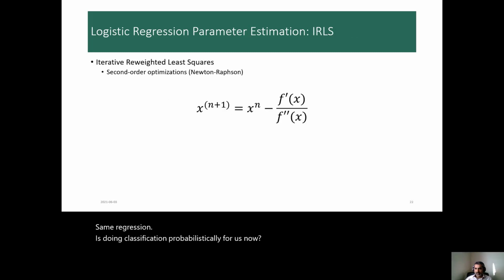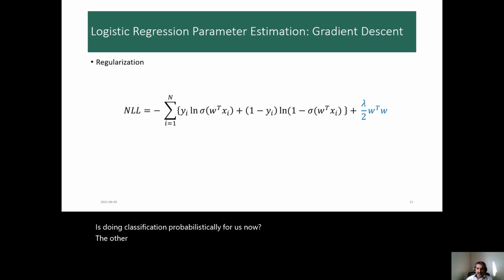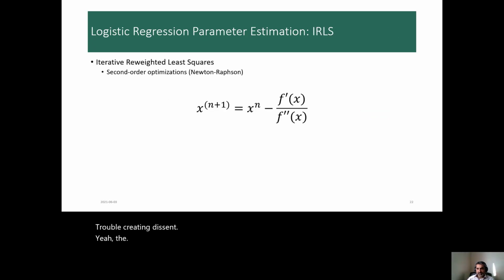The other way is, I mean, for large data sets, gradient descent can give us some trouble. Anyways, the other option is the Newton-Raphson way.